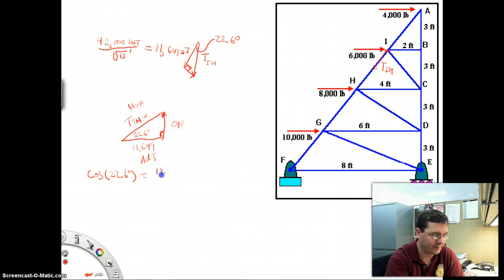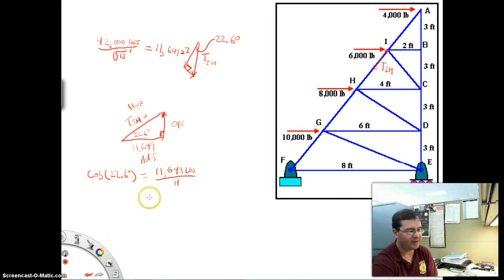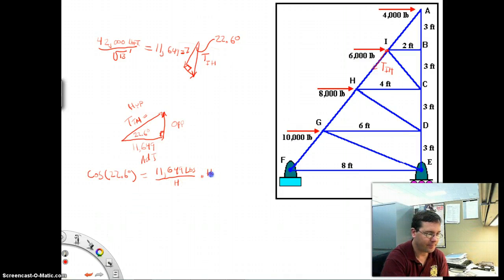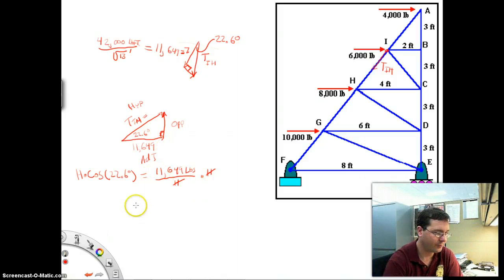So 11,649 pounds divided by the length of the hypotenuse. Now, I'm trying to get the hypotenuse by itself. So what do I do? I multiply both sides by the hypotenuse. On the right side, they cancel, and I get the hypotenuse times the cosine of 22.6 degrees equals 11,649 pounds.